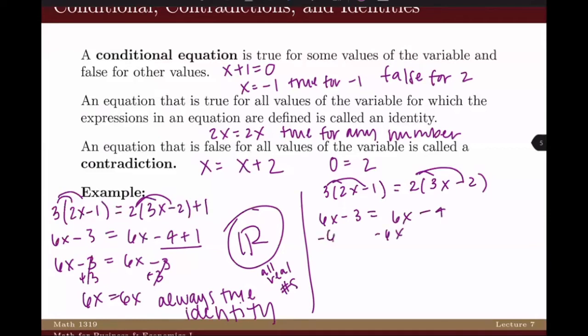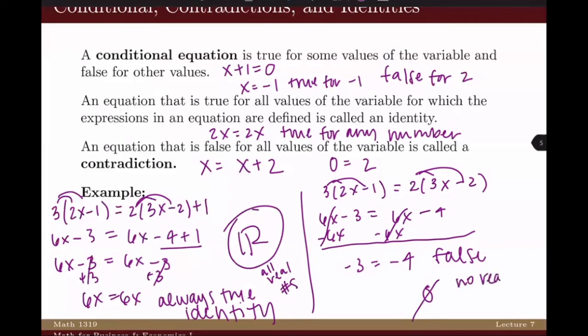And then I can subtract 6x from both sides. And I get negative 3 equals negative 4, which is false. So the solution set would be the empty set, or you could say no real numbers, you could say false. So that's the difference between conditional, identity, and contradiction equations.